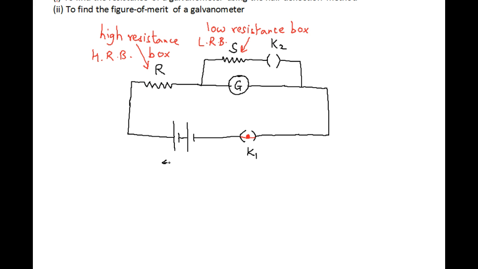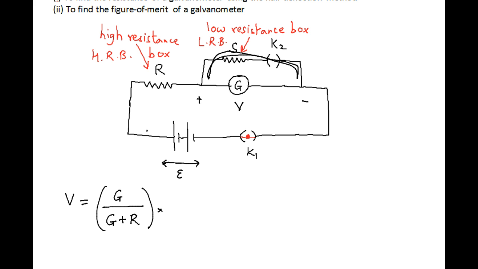Now let's assume that the total EMF in the battery or in the batteries is E, and let's also assume that the voltage across the galvanometer is V. This particular branch can be ignored because it's open circuited, and so I can apply the potential divider formula to calculate V. V is of course equal to G divided by G plus R, where G is the galvanometer resistance, multiplied by the total voltage across the series combination of galvanometer and R. That total voltage is nothing but the battery EMF, assuming that the battery's internal resistance is negligible.